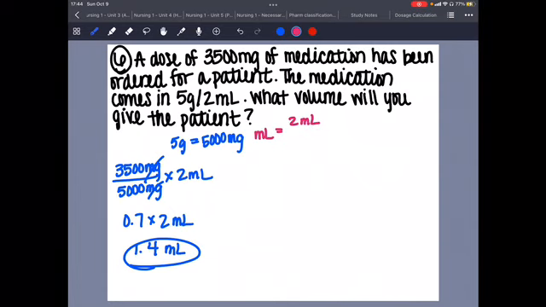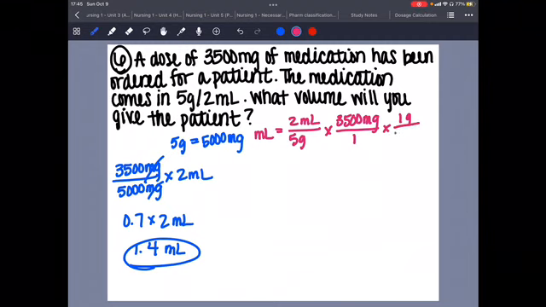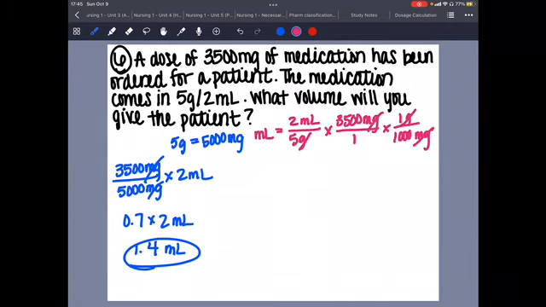Dimensional analysis, we're going to go the exact same way. Going to go mL, so you have 2 mL up top, 5 grams on bottom. Got that 3,500 on the other side. Make sure you always tack on those units, because you always want to keep track of units, so that way you know exactly what you're doing. And then you're going to multiply that by that 1 gram over 1,000 milligrams.